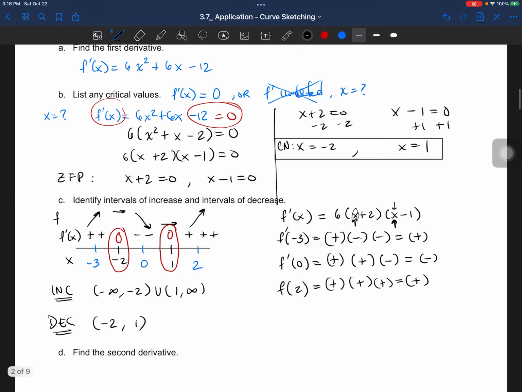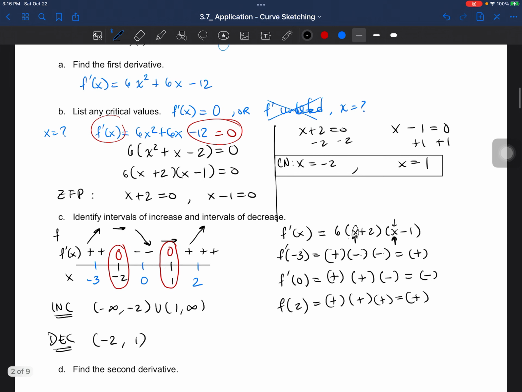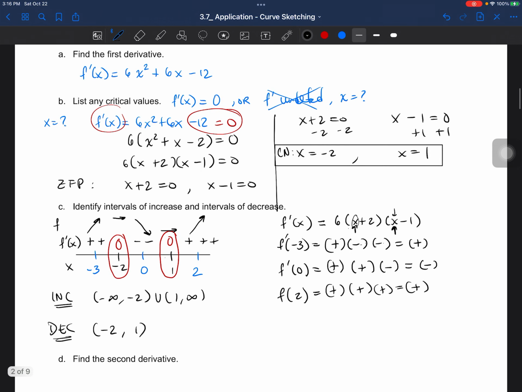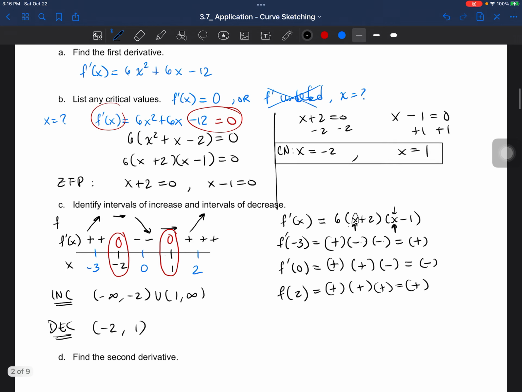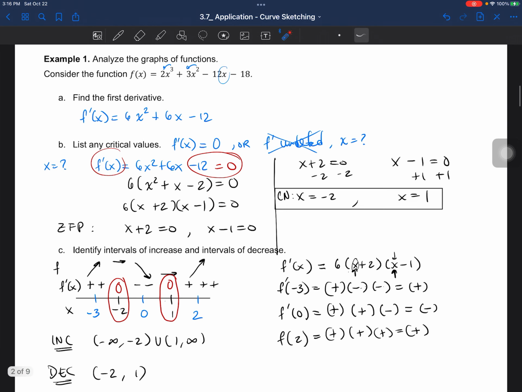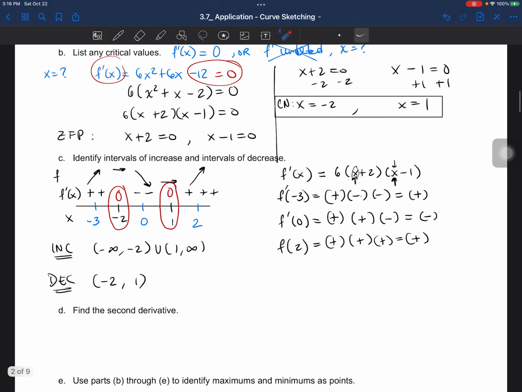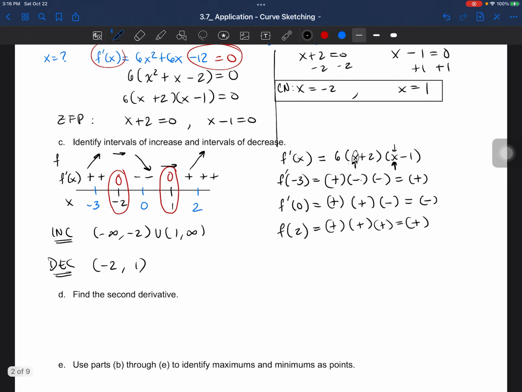All right, so now part D is asking us to find the second derivative. So let's go ahead and do that. All we have to do is take the derivative of the first derivative. We don't want to use the factor form, because then we would have to use the product rule. We can just go ahead and use the original first derivative.